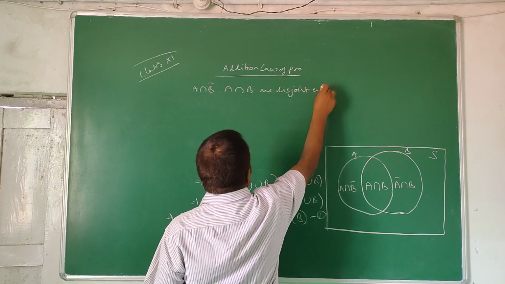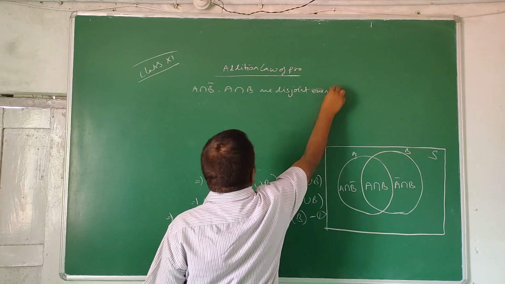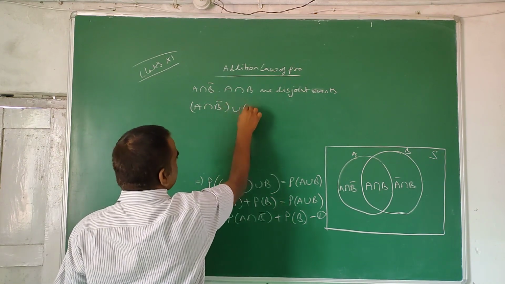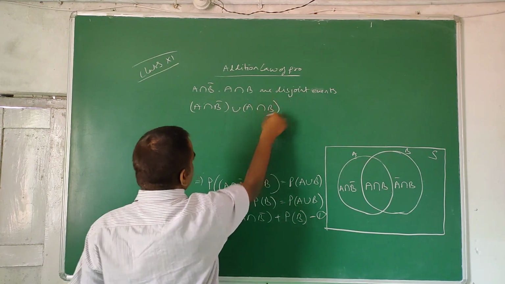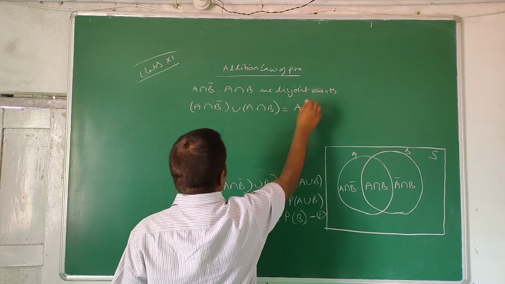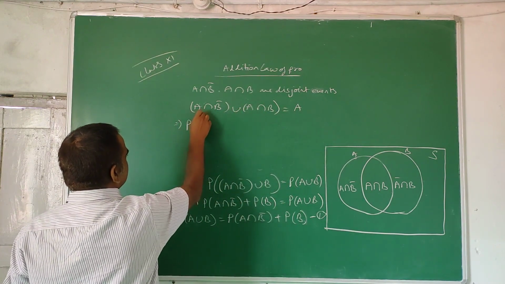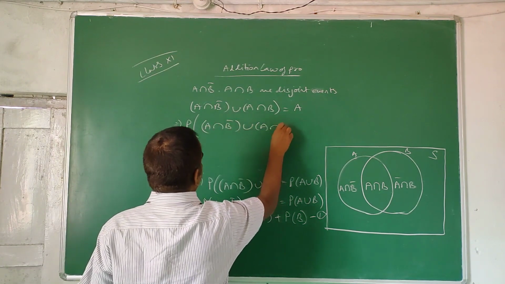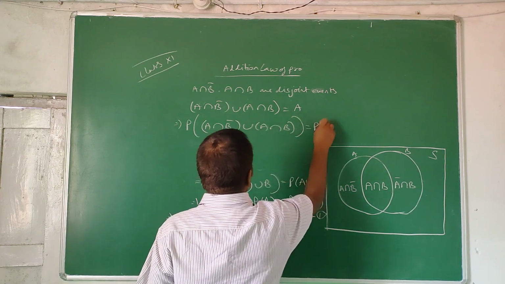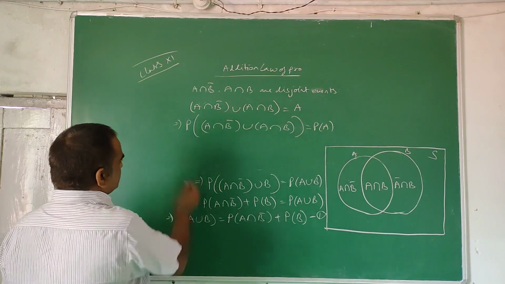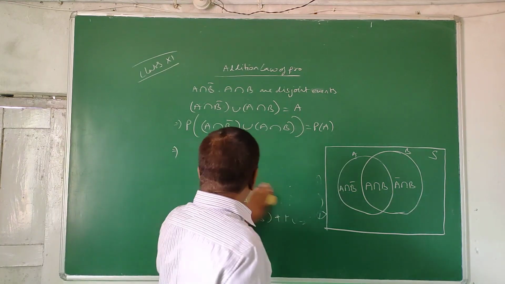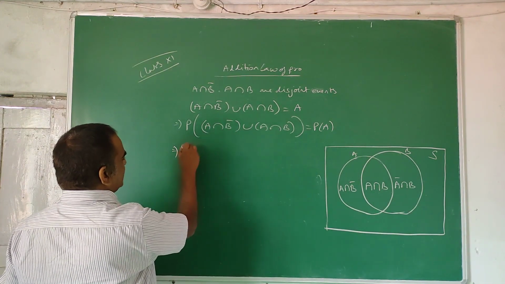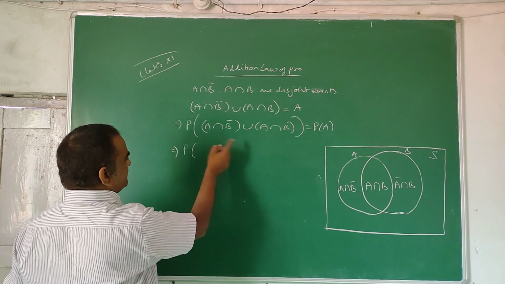Their union covers A. So if you apply probabilities, because they are disjoint events, the union becomes the sum of the probabilities.